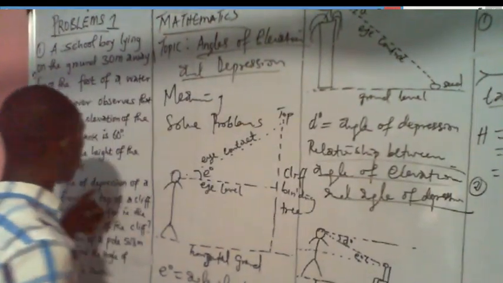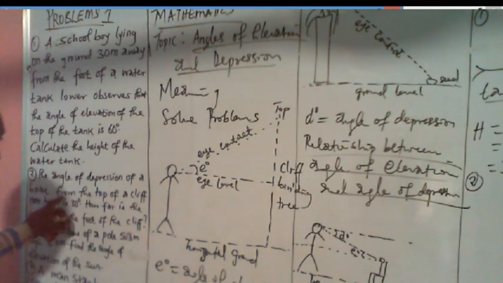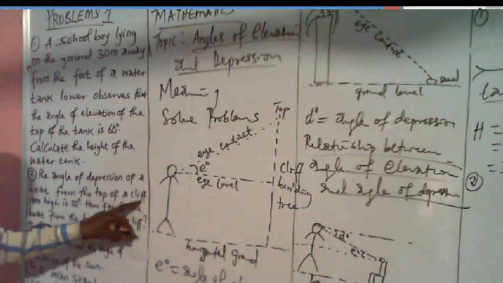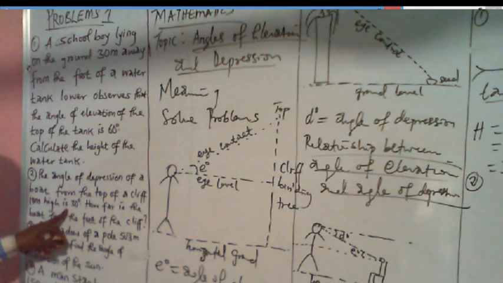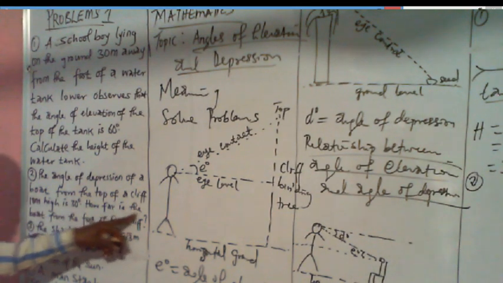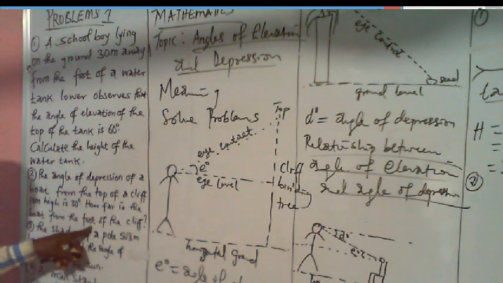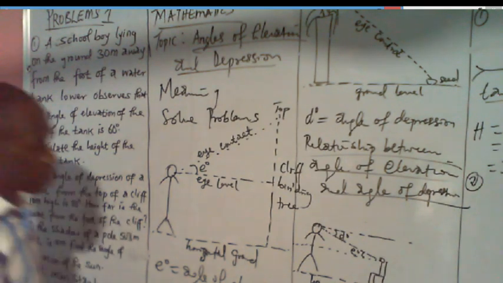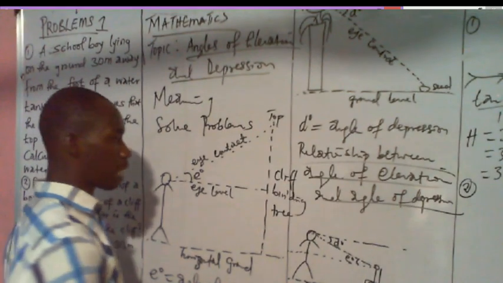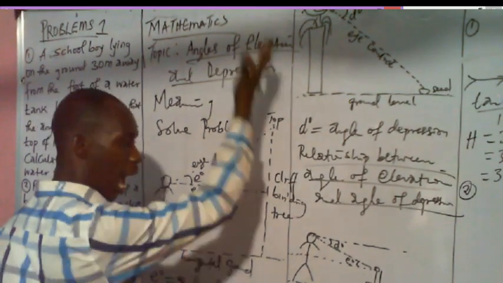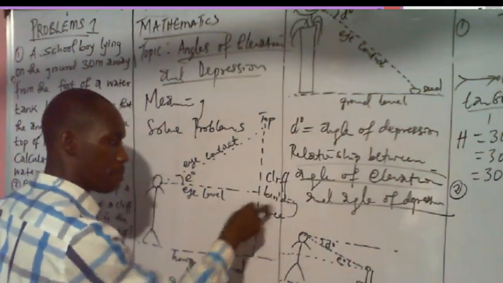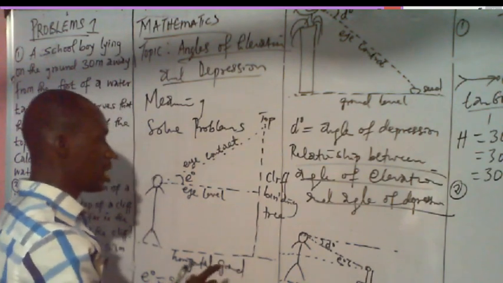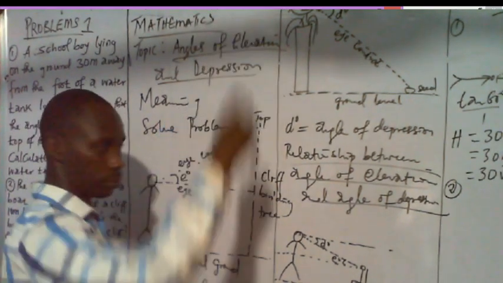The angle of depression of a boat from the top of a cliff 10 meters high is 30 degrees. How far is the boat from the foot of the cliff? Remember what I told you earlier, it can be anything high. It can be a cliff, it can be a building, it can be a tree, it can even be an aeroplane.